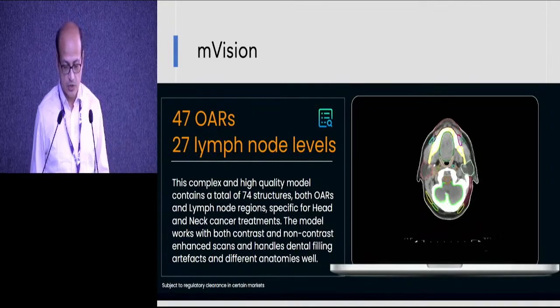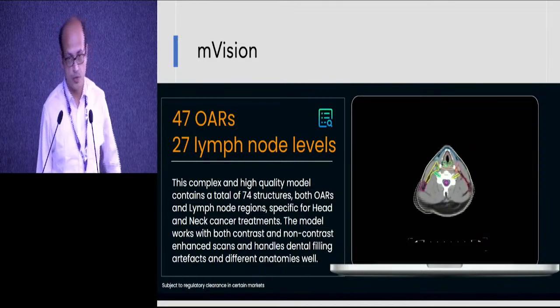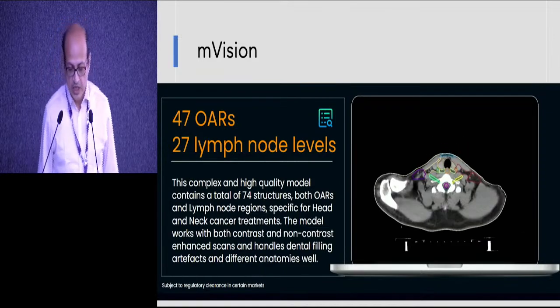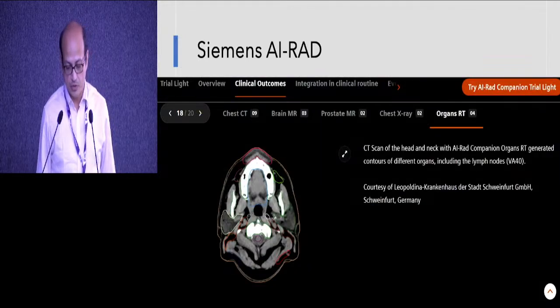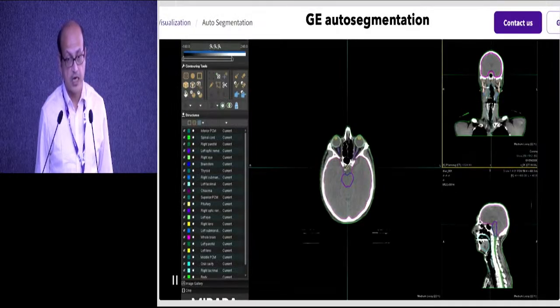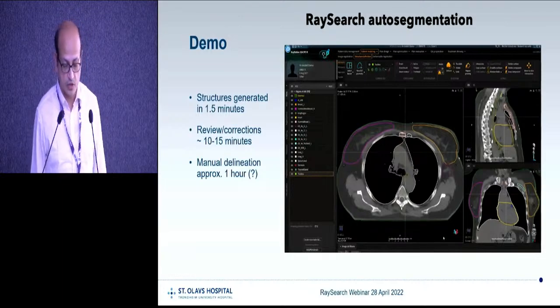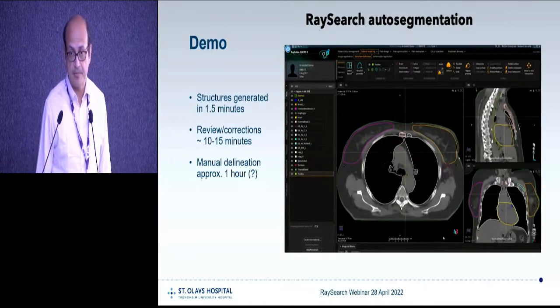I'm pretty sure that all of you have seen examples, gone to websites, seen demos. And these have been able to do a reasonably good job in delineation of what are known as organs at risk, for those who are not radiation oncologists. So they are pretty good now.